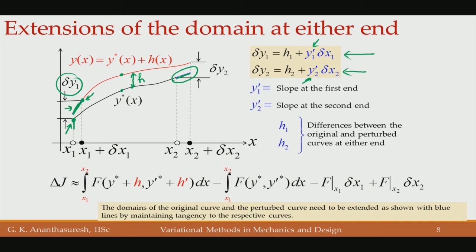If you want to say what h is there, and what delta y1 is from here to here, it is h1 from here to here plus that part, which is y1 prime times delta x1. Similarly, delta y2 is h2 plus y2 prime delta x2, and that is what we will use when we try to solve this. Now we have h1 and h2, and we replace them in terms of delta y1 and delta y2.